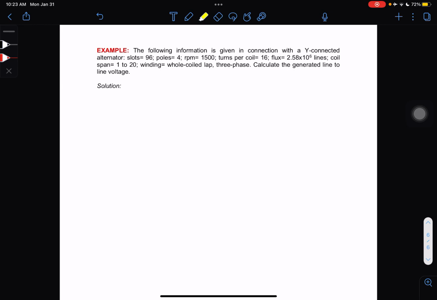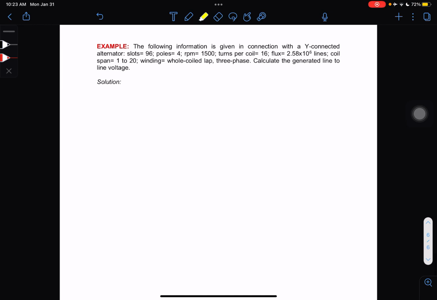Slots is 96, poles is 4, RPM is 1500, turns per coil is 16, flux is 2.58 times 10 raised to 6 lines, coil span is 1 to 20, winding is coiled lap 3 phase.